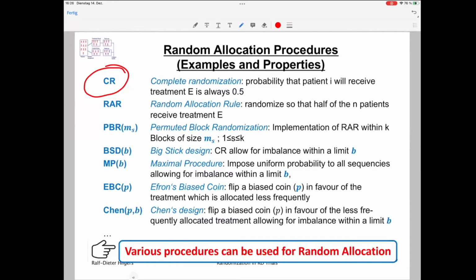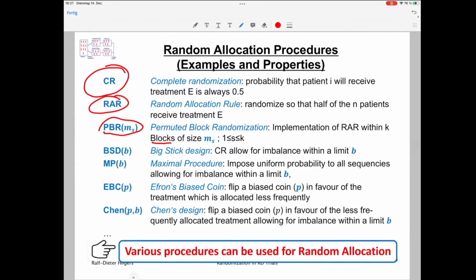There's another group. The Van Helmont procedure is the random allocation rule, which splits the total number of patients in two halves if you have two treatments, one getting treatment A, one getting treatment B. And if you do that in smaller parts, we call these blocks. So let's say you have a trial with 100 patients and you put a block of size 10, and you say, okay, I put the random allocation in these 10 patients. Then we are talking about permuted block randomization.